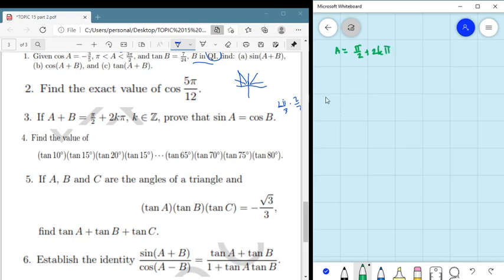Okay? So, if we are going to use sine A, this is similar to the quantity sine of pi over 2 plus 2k pi minus B. So, this will be the same as sine of A minus B. Right?